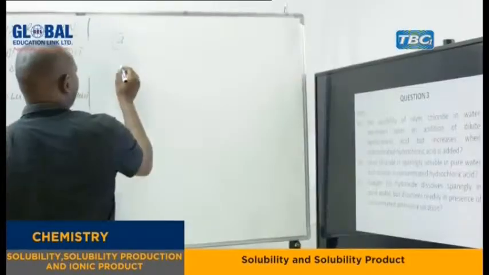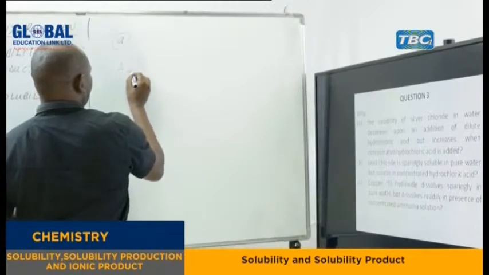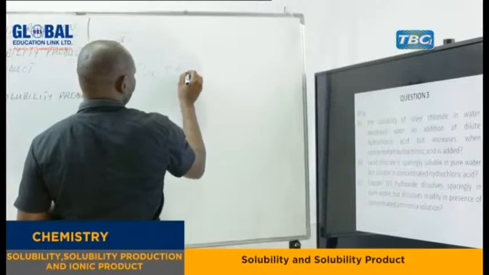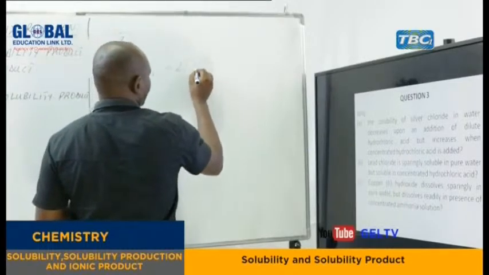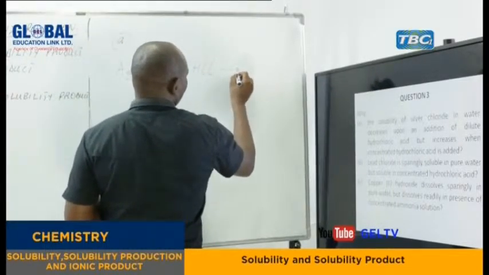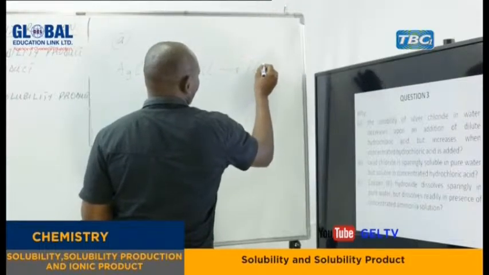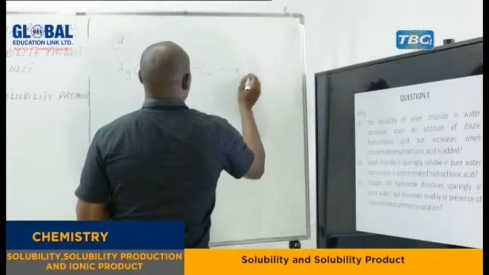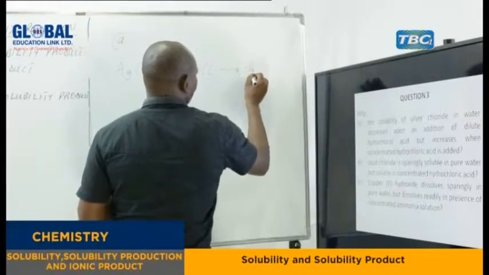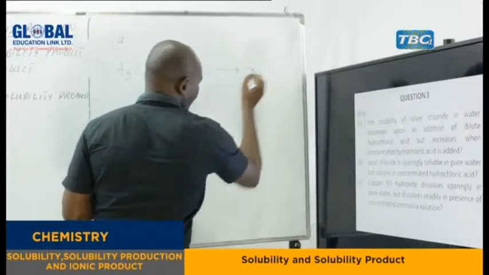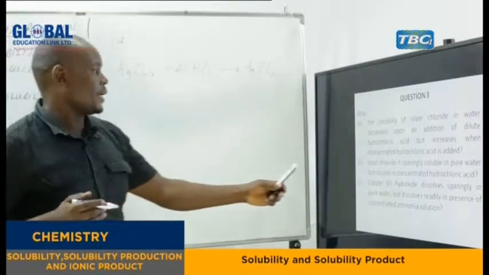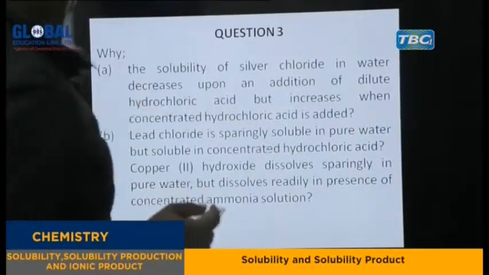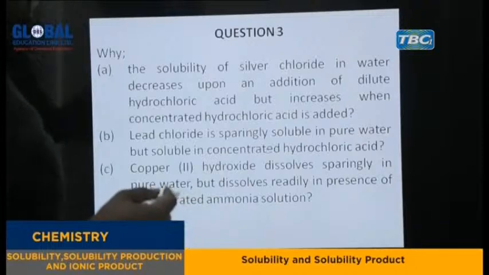What is happening here is that if it is silver chloride and you add dilute hydrochloric acid, it will lead to the formation of a precipitate of silver chloride, which is solid. So it leads to the formation of a precipitate, which is silver chloride.